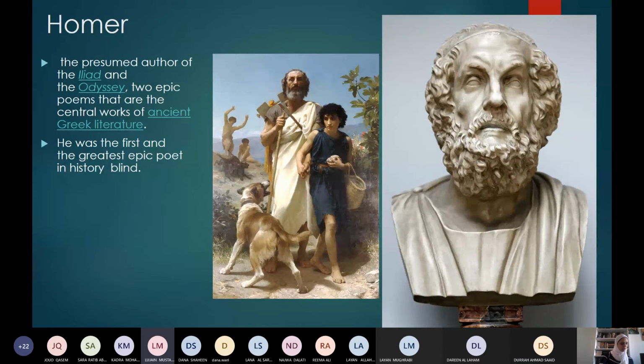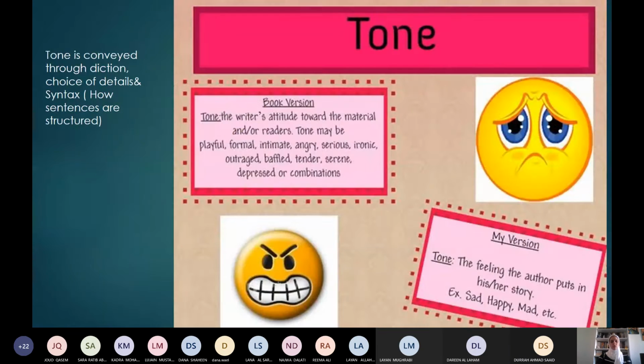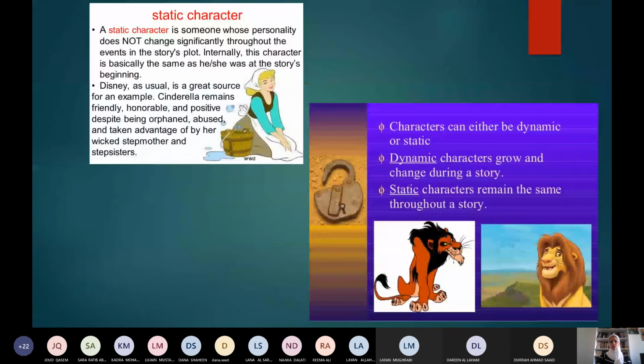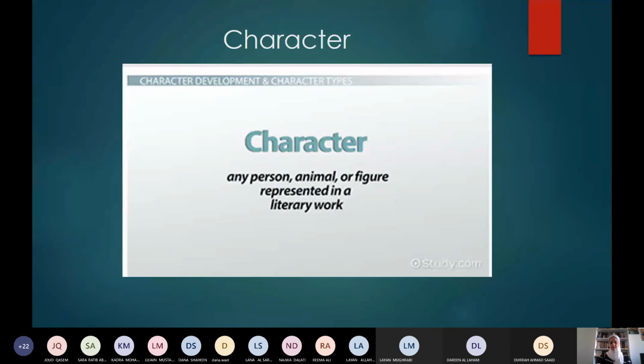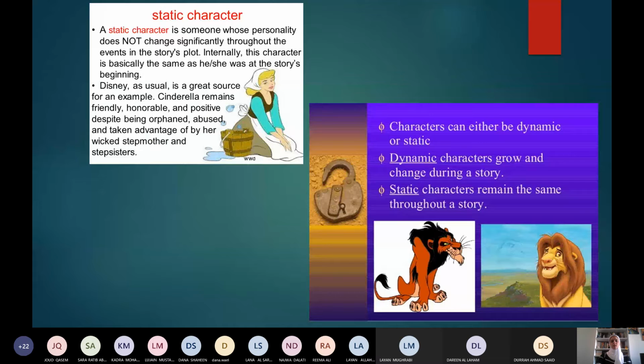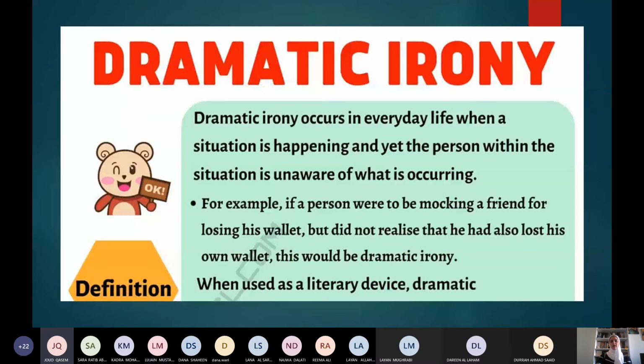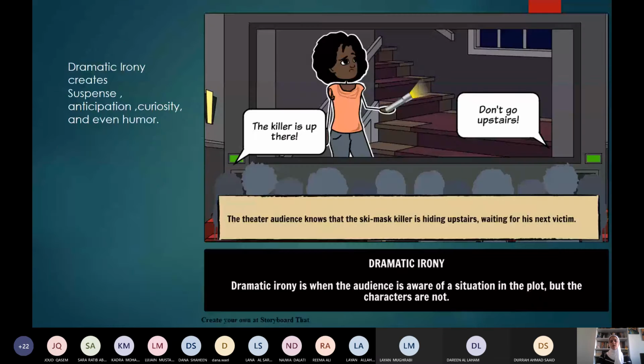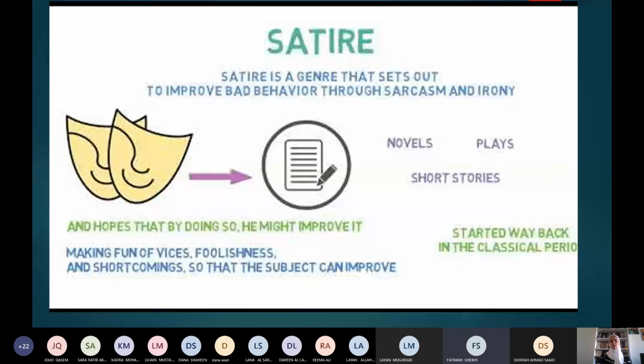Okay, before we move on, we took character, static and dynamic characters, dramatic irony, satire.